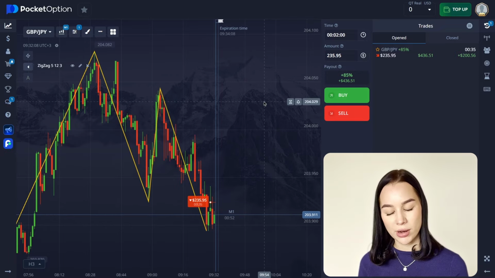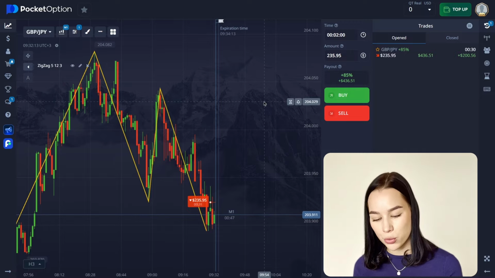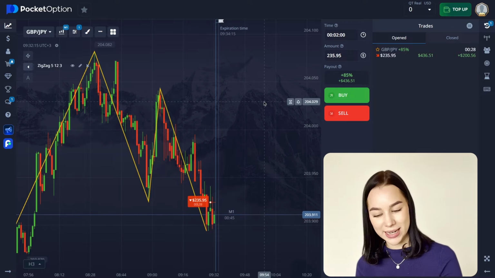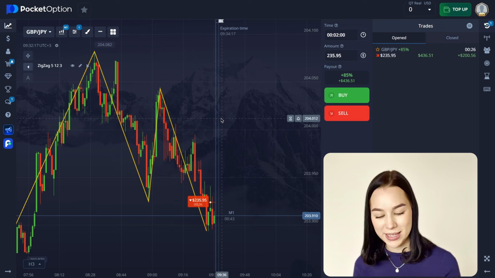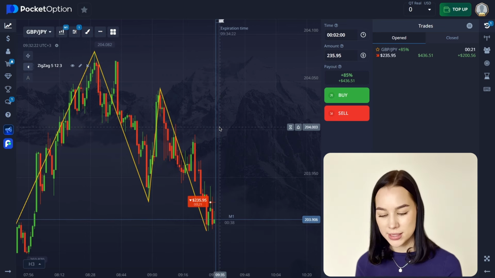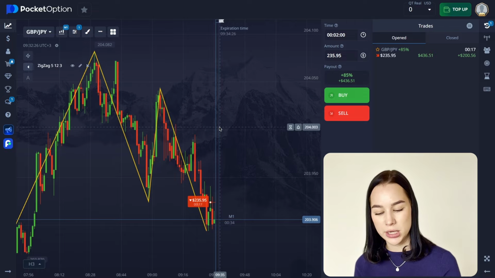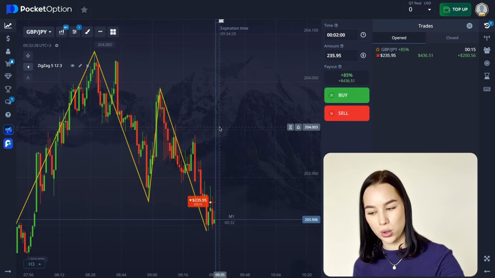So it was a weak correction inside a dominant downtrend. So no key support breakout occurred to the upside, meaning the structure remained bearish. So the trade here was opened down because this correction was expected to end soon, and the price was likely to continue its movement toward new lows.